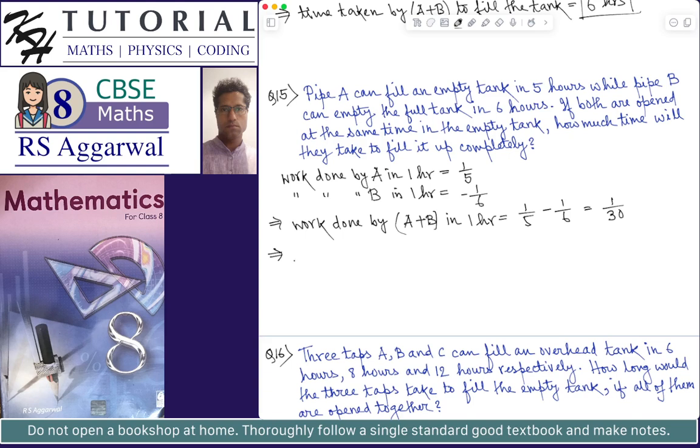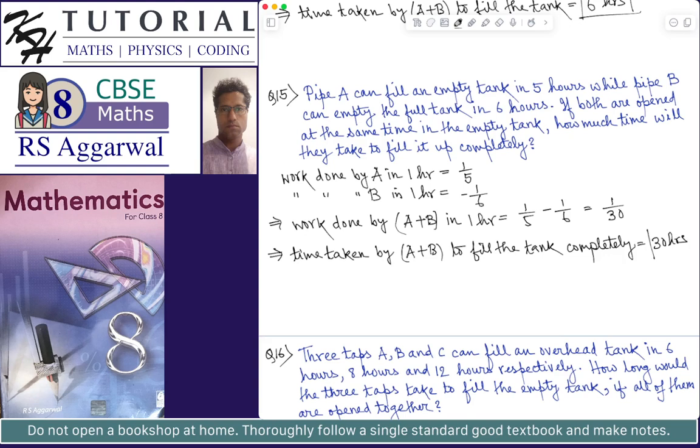So we can say the time taken by A plus B to fill the tank, to fill the tank completely, should be 30 hours.